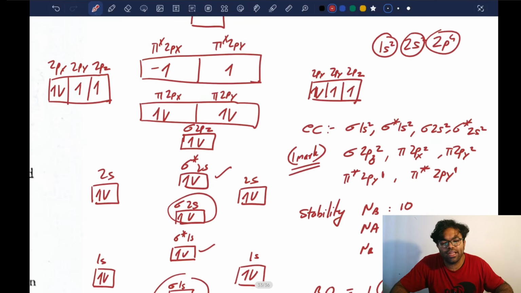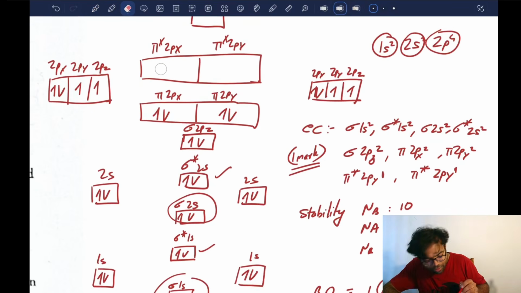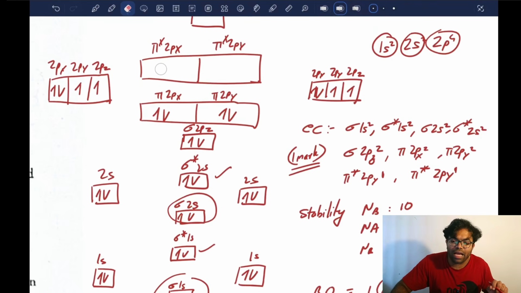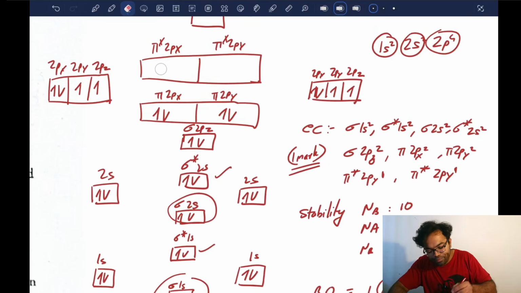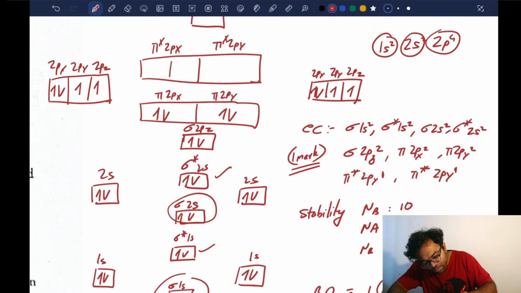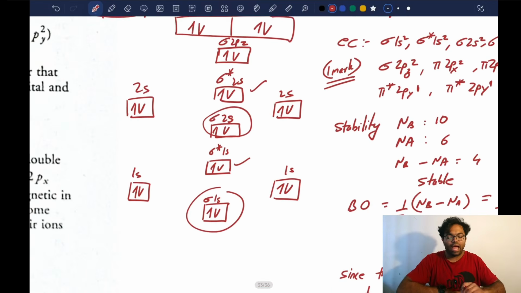In the case of nitrogen, there wouldn't be these unpaired electrons, so it becomes diamagnetic in nature. Thus, it does not get influenced by the magnetic field from the external environment. But in the case of oxygen, because there are unpaired electrons present, it gets influenced by the magnetic field. Am I clear?